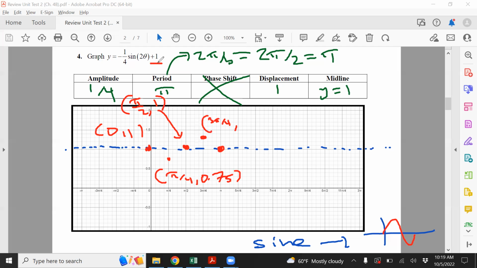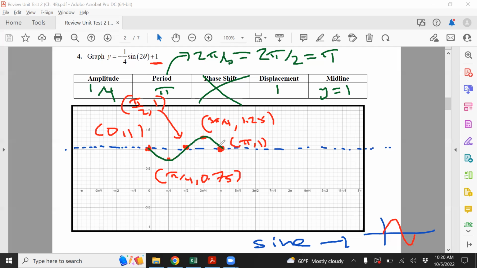Because of the plus 1. That's why. 1.25. And then this will be pi, comma 1. So your curve looks like this, and that will get you full credit.